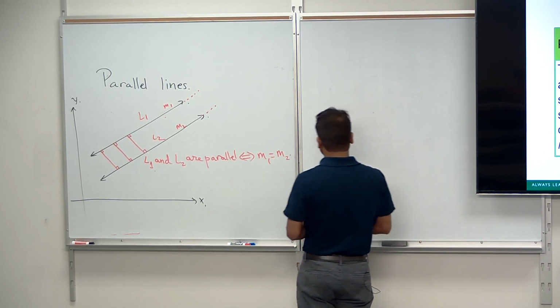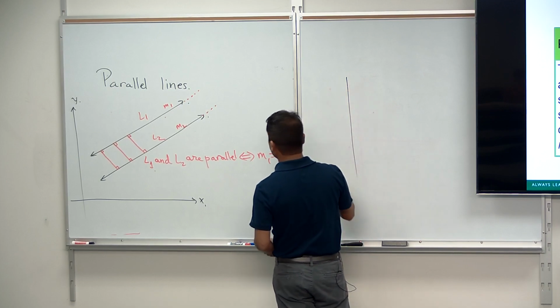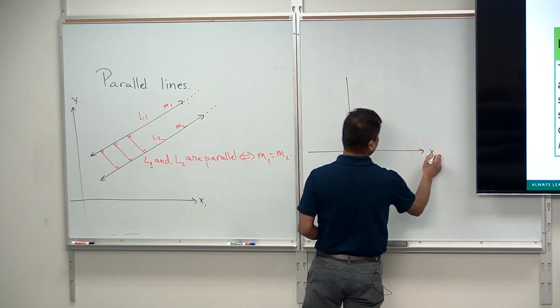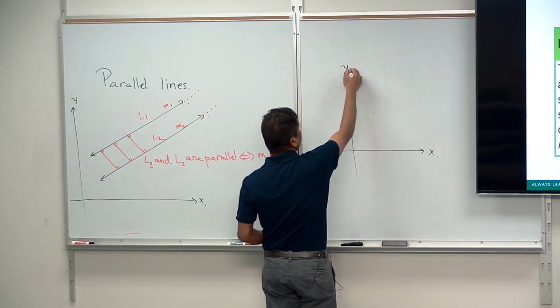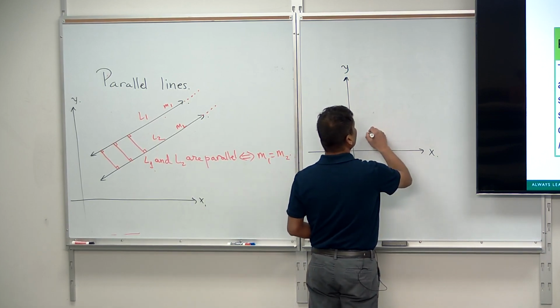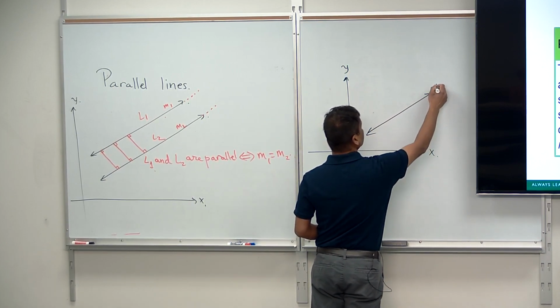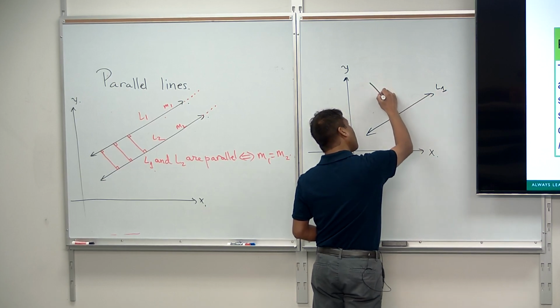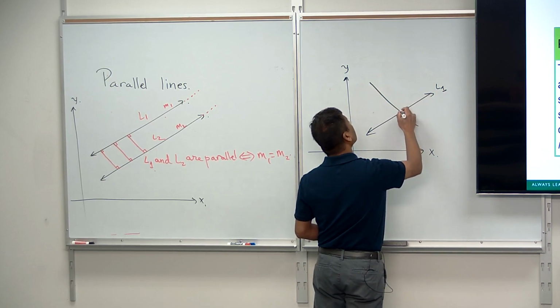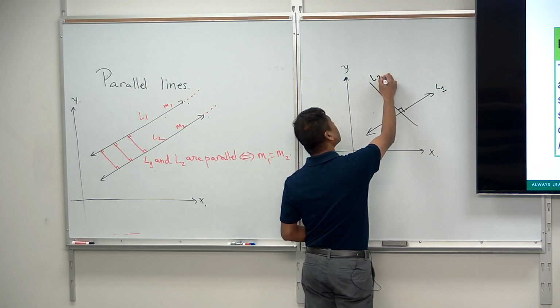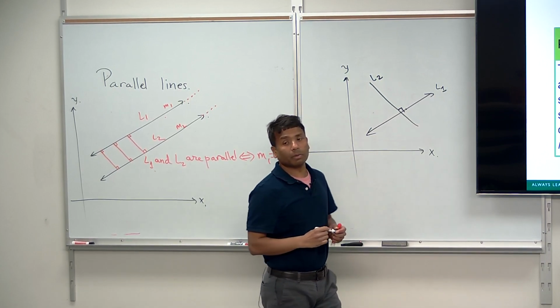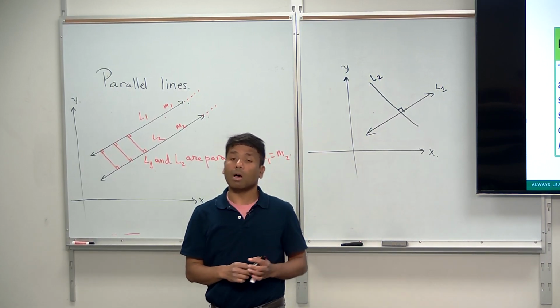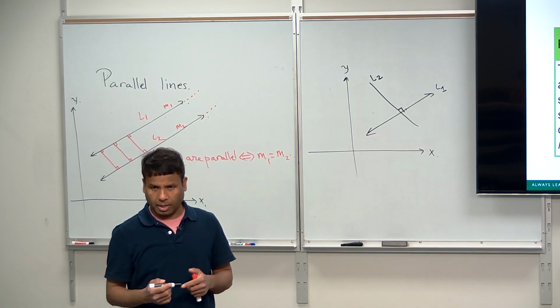So, let's say this is your x-axis, this is your y-axis, and you have two lines. Let's say this is the line L1, and you have another line, this is the line L2, and they are perpendicular to each other, right?